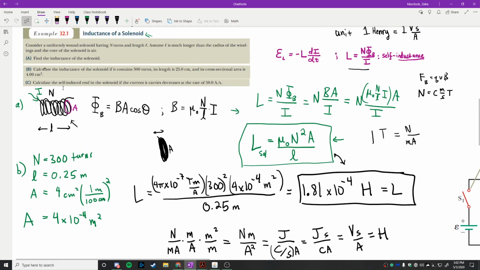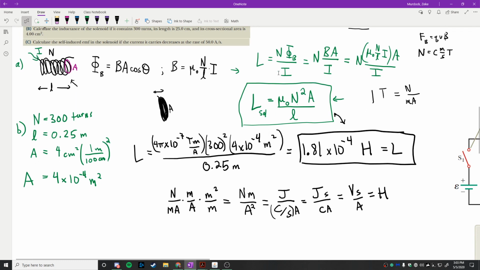The last piece of this is to calculate the self-induced EMF in the solenoid if the current it carries decreases at a rate of 50 amps per second. For this, we're going to use this equation here. We're going to solve for induced EMF, knowing what L is and knowing what di dt is. This is a very simple calculation.